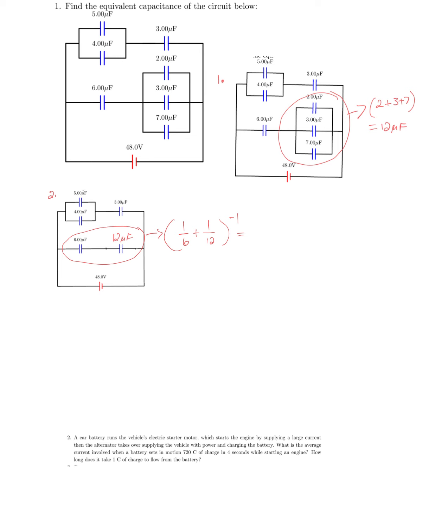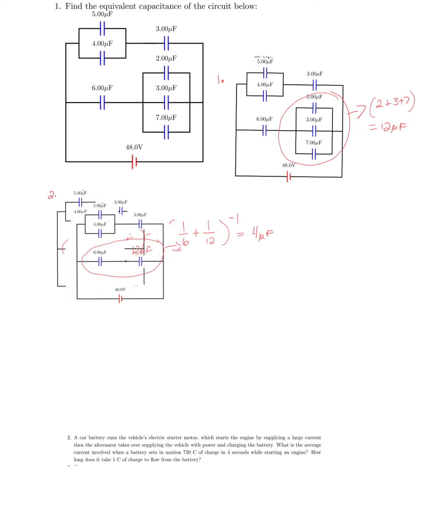And if at any time you want to try these questions, feel free to try them and then check your answer so you get comfortable with your own calculator and your own calculations. And so I get an answer of 4 microfarads that is going to be an equivalent for these capacitors that we just drew.